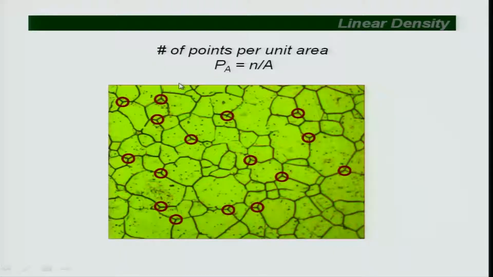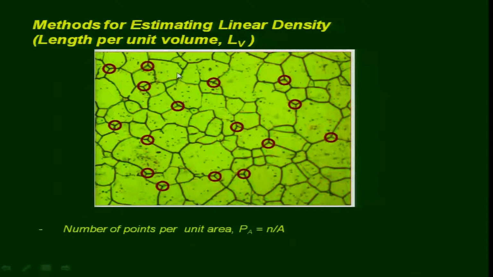Well, it is again a very simple stereological relationship, as you shall see here. The linear density, or length of the triple edge per unit volume L sub V, is given by 2 times this count, a very simple measure.